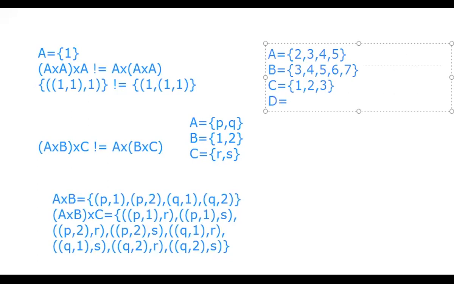D is equal to 2, 3, 4. Okay. Now see, what we have to prove, firstly, is A intersection B cross C intersection D.